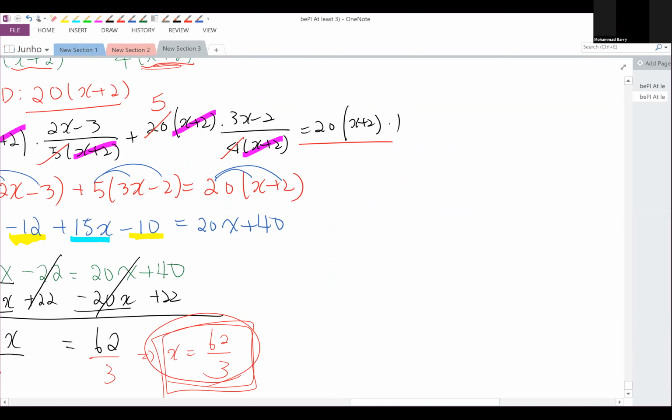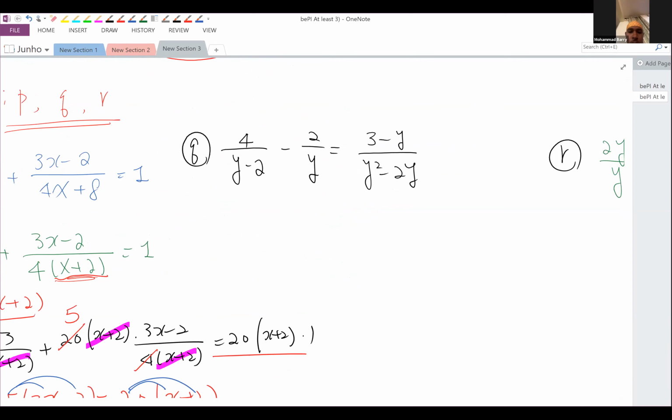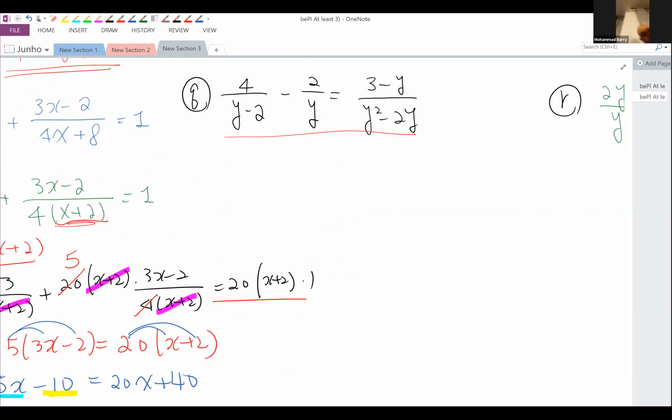Okay, and now, next one here. This one we also need to do factoring. So this becomes 4 over (y minus 2), minus 2 over y.